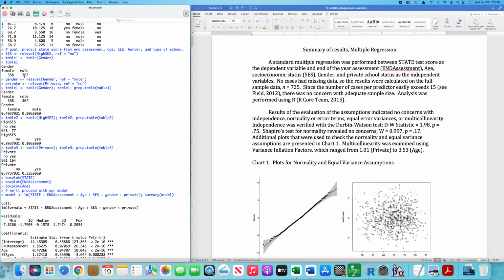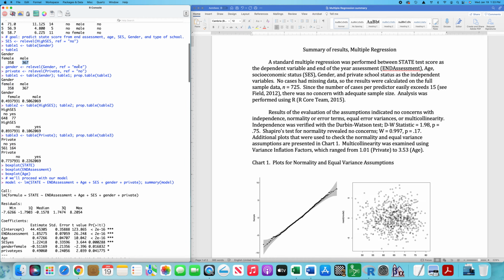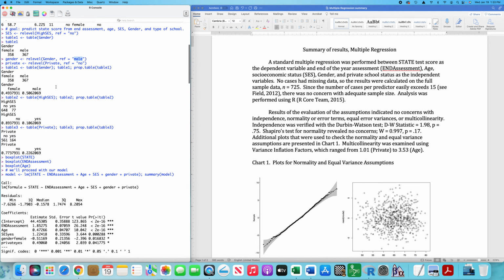What I was doing there was trying to see which gender had the highest count. So when I relabeled it, I took the one with the highest count, male. Private school, I wasn't worried about that because I knew that I wanted no to be the baseline. And again, the baseline, the reference, is just which level do I want coded as 0. And we talked about that in previous videos.